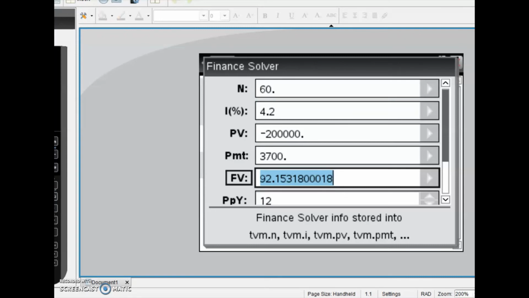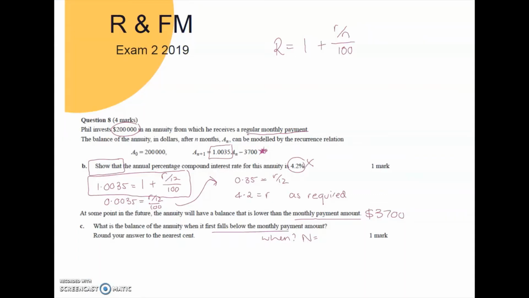I would recommend writing down what you got in your calculator, and then giving your final answer rounded off. So we found when N is 60, we ended up with a future value of 92.1532. And so that means he would have $92.15 left. Remember, always round to 2 decimal places when you're working with money.